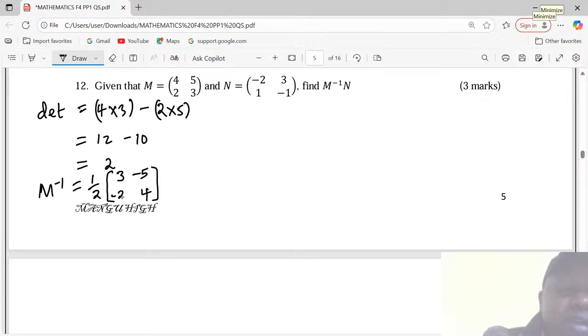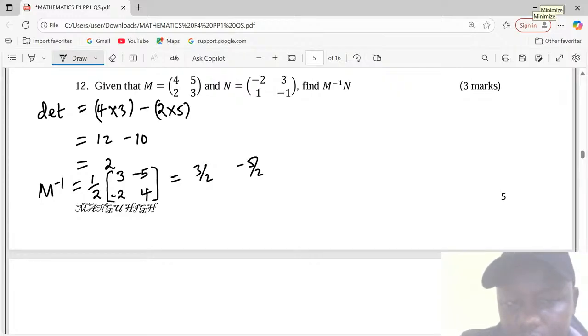If they are positive, they become negative. So now this matrix is going to be 3 over 2, then negative 5 over 2, because we are dividing each element by the determinant, negative 2 over 2, which becomes negative 1, then 4 over 2 becomes 2.